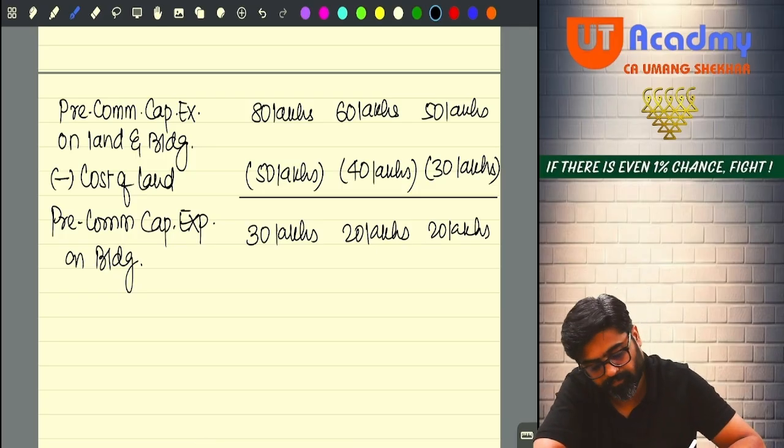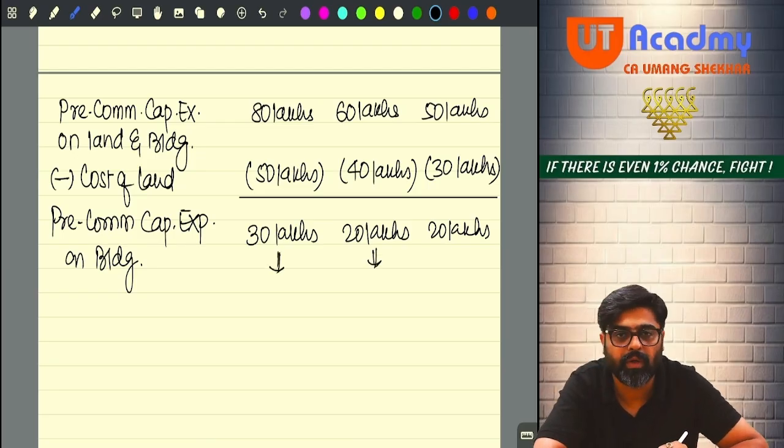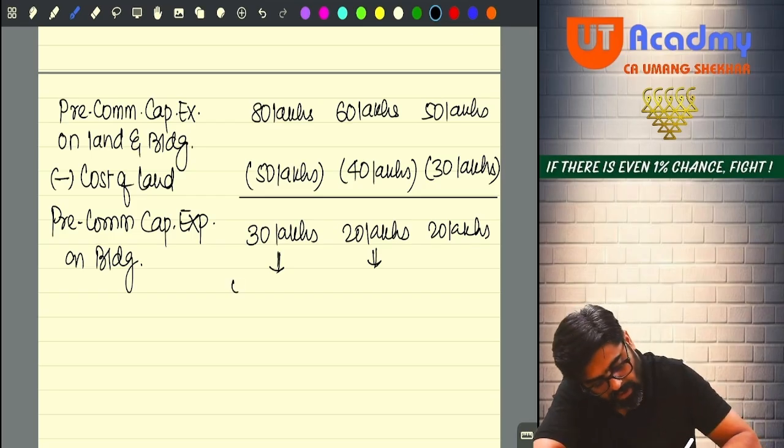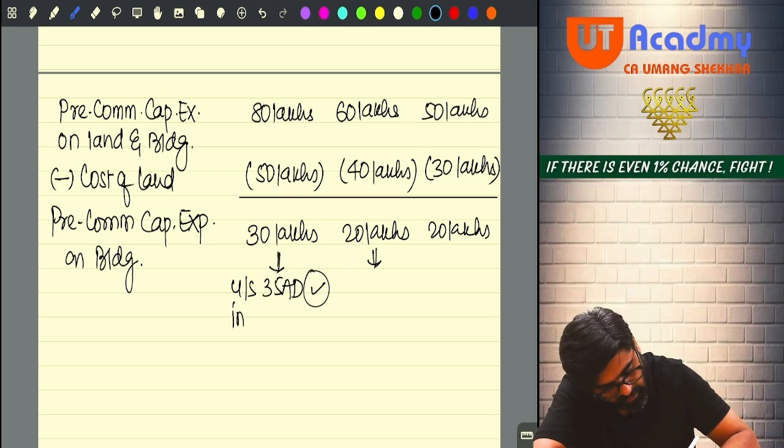Now tell me, will this 30 lakhs and 20 lakhs be allowed under section 35AD? Yes. But in the year of commencement, which is previous year 24-25. So, under section 35AD, this will be allowed in previous year 24-25.